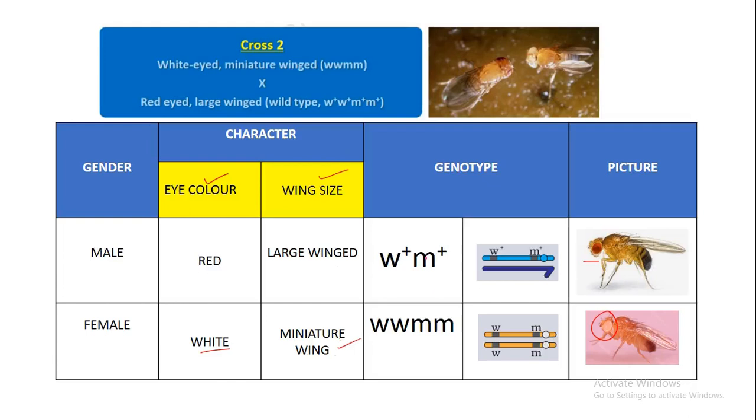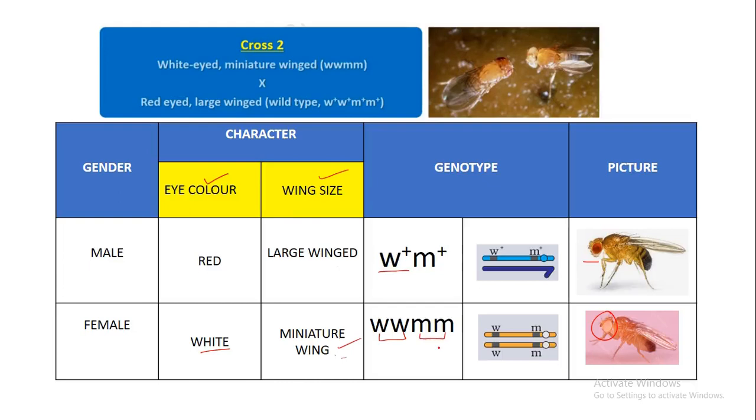Okay, and for the genotype, we know eye color is W plus, and for wing size we are once again representing with M plus, large wing. And in the female we have W both depicting white color eye, and small m which depicts the miniature wing, small wings.